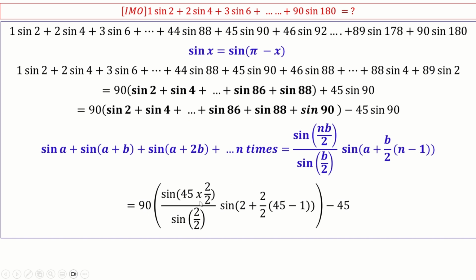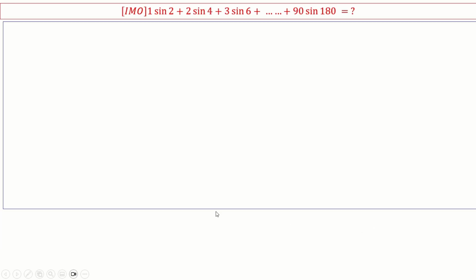So sine 45, n is 45 into 2 by 2. Why is it 2 by 2? B is 2, the difference in angle is 2. 2 by 2 divided by sine 2 by 2 into sine of A is 2 plus B is 2, 2 by 2 into 45 minus 1, minus 45. This is minus 45.